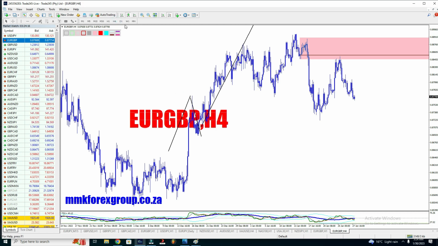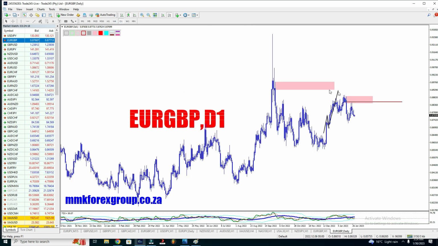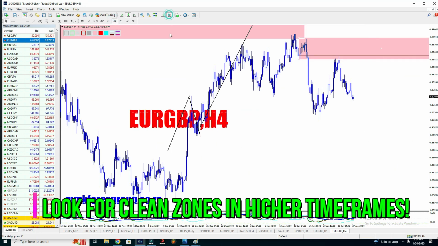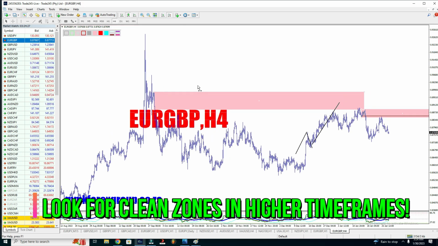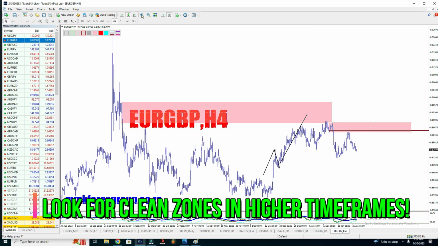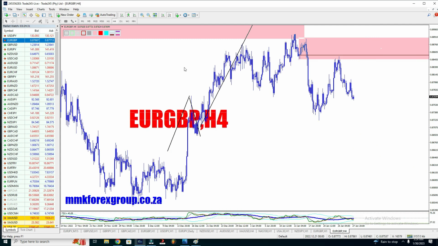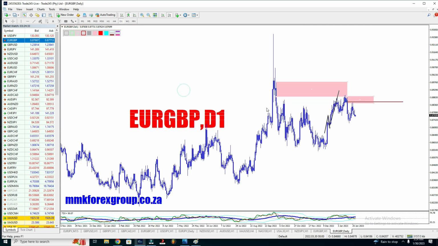So the most important thing is understanding your higher time frames, because it will help you get a clear directional bias. As the market was pushing up, price gave us a new low. We had another rally, another base, a demand area formed, giving us this low, and then price continued going up and reacted at that supply zone.